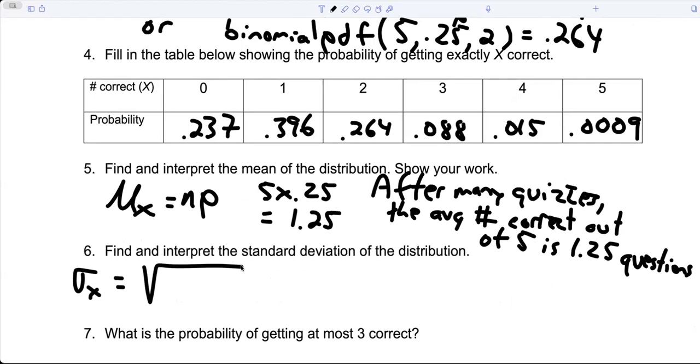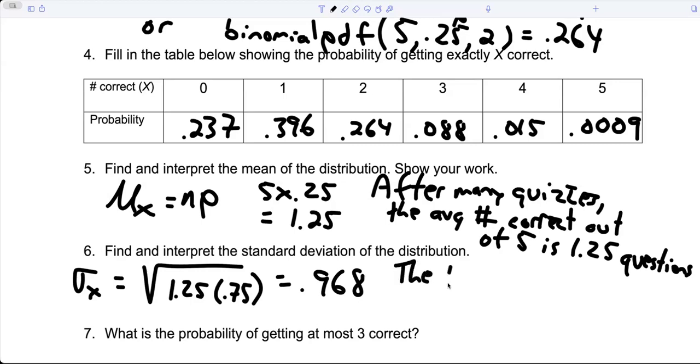Okay, so n times p is the mean, which was 1.25, times 1 minus p, which is the probability of failure. So times 0.75. So you put that into your calculator and we get 0.968.